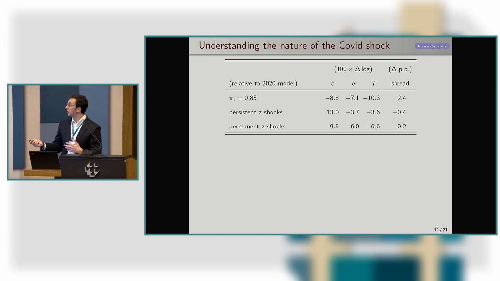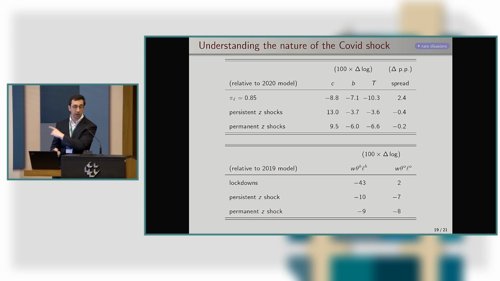Now, the reason for that is that these have really different effects in terms of distribution than the lockdowns have. Remember, the lockdowns, the labor side, fall entirely on the poorer agents. And you see that here. If I take a look in these 3 cases at what happens to labor income, in the lockdowns, this massive gap opens up in terms of pre-tax income. For the rich agents, it goes up a bit.